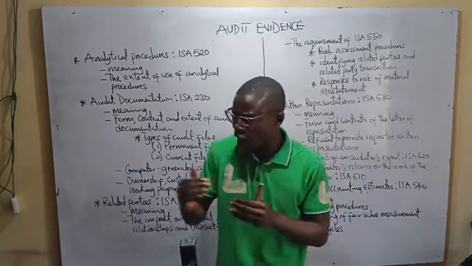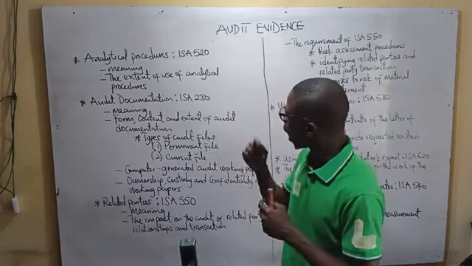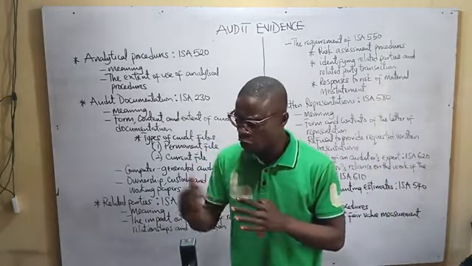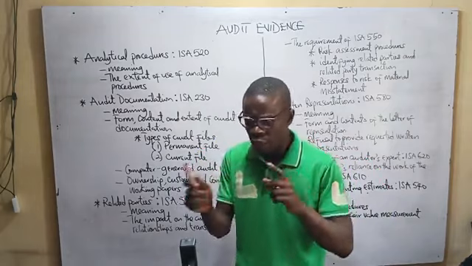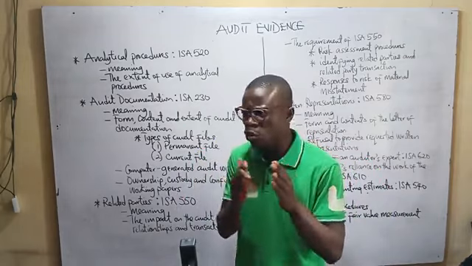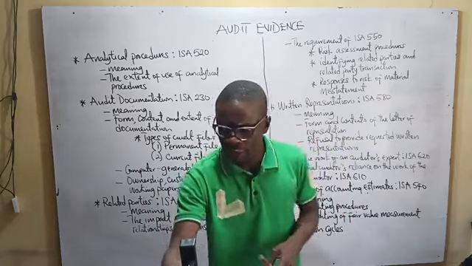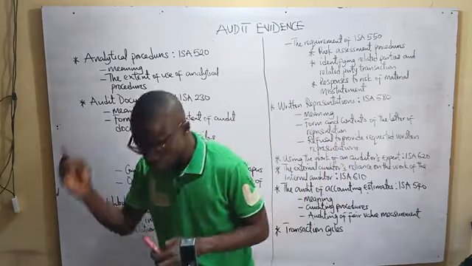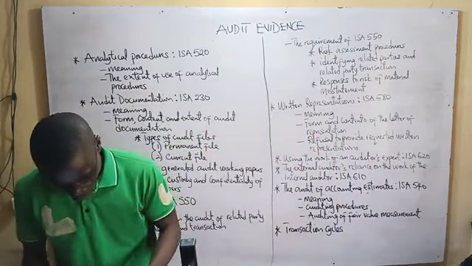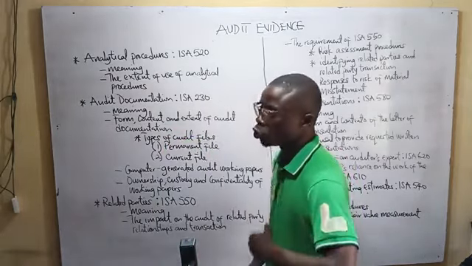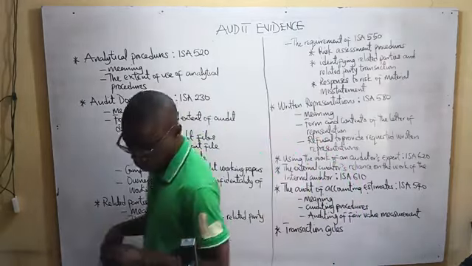With trend analysis, the auditor can look at the trend of the revenue. It has been increasing by just 50% or 30% over the years. Why is it that the revenue increased outrageously? This is one of the ways the auditor can obtain evidence.